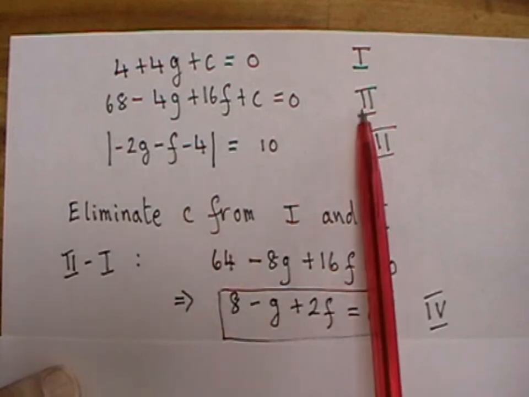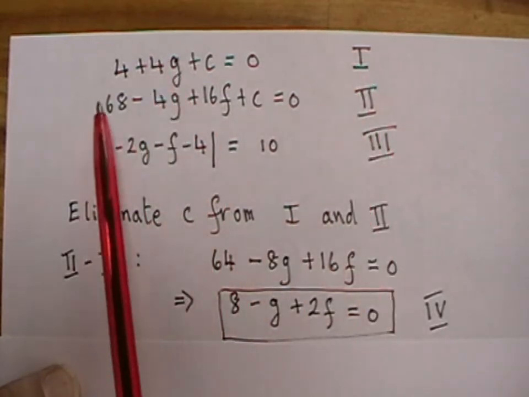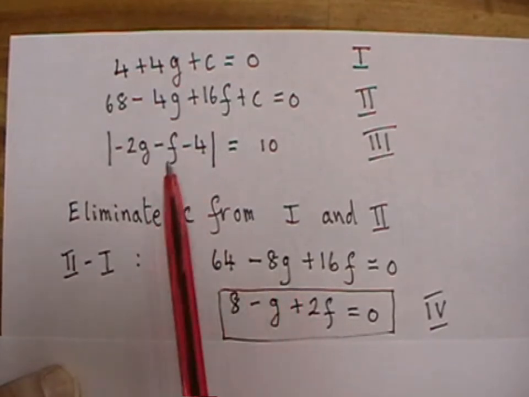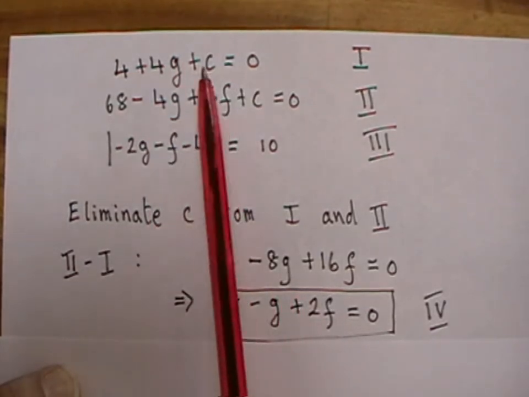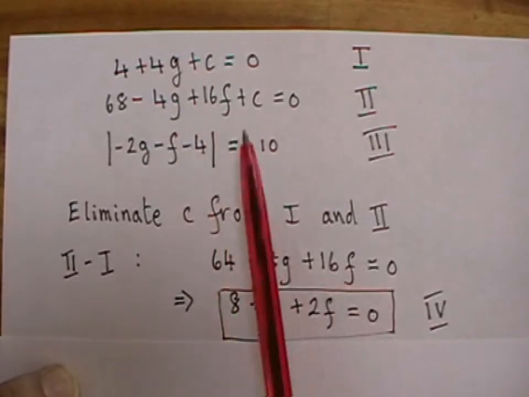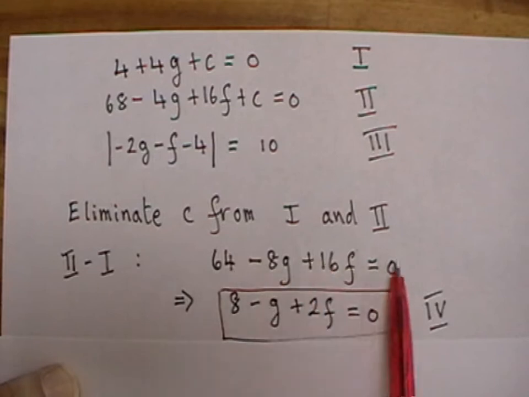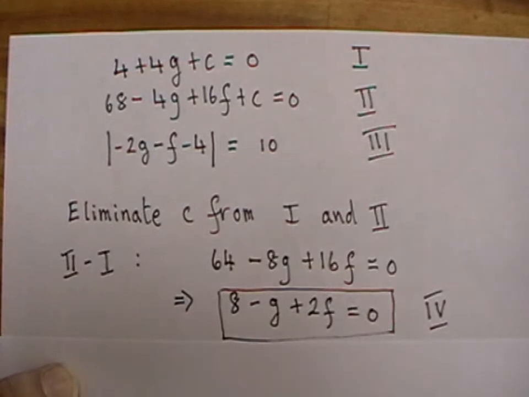The second minus the first. 68 minus 4. Minus 4 minus 4g is minus 8g. 16f minus 0 is 16f. And the c's cancel, equal to 0. Might as well divide everything here by 8. We get a simpler equation. 8 minus g plus 2f equals 0.